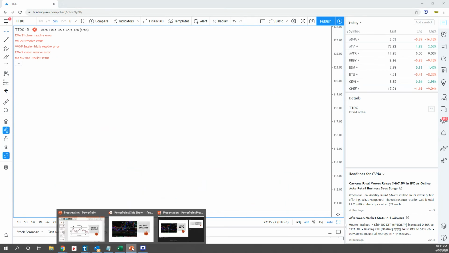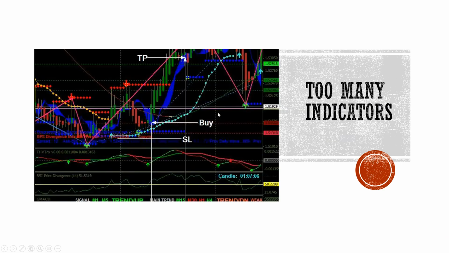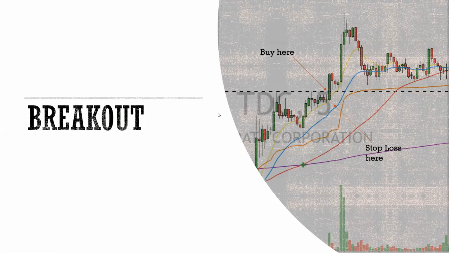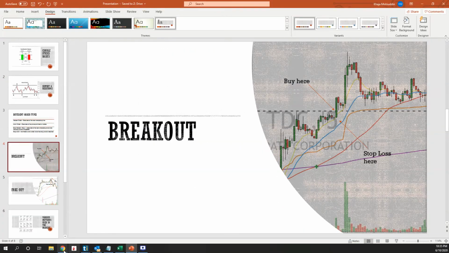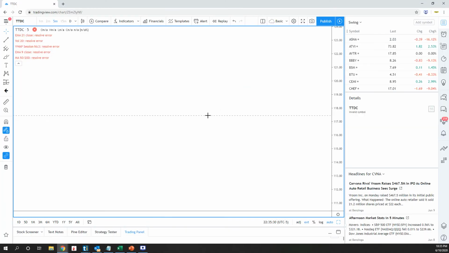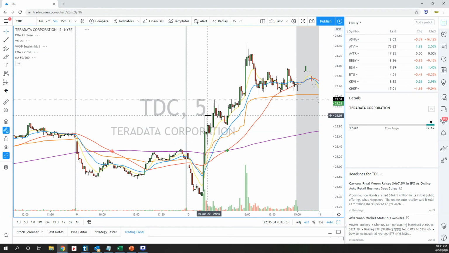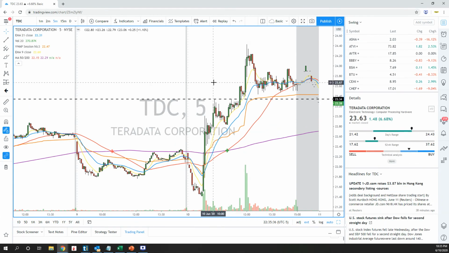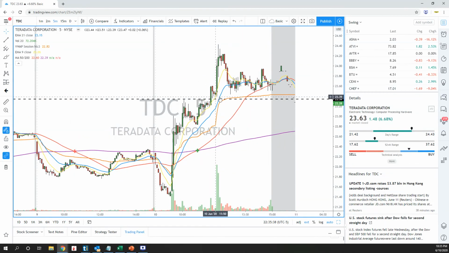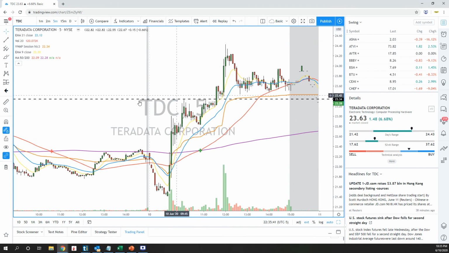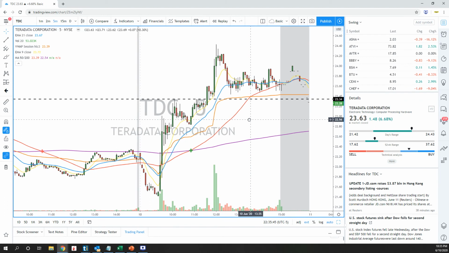And if you look at TDBC, so this was the breakout that we looked at, right? So I have my levels drawn already. So these levels are drawn. These are moving averages and whatnot.